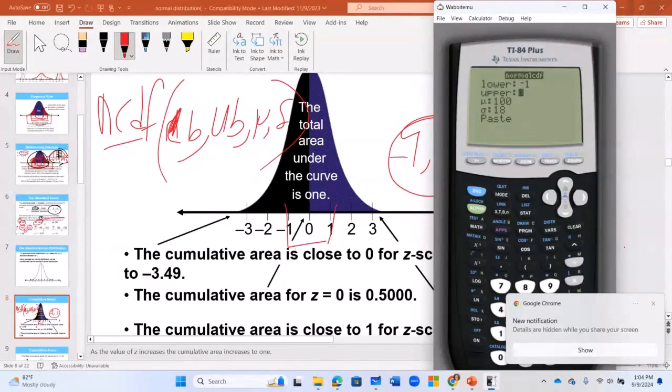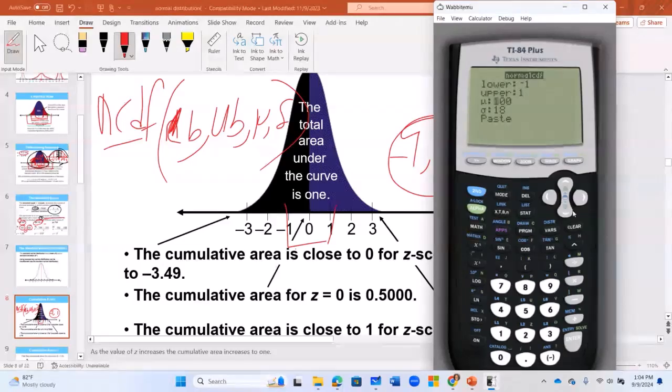Upper bound is 1. The mean is standardized. Therefore, mean of a standardized normal is 0. The standard deviation of a standardized normal is 1. Because you're moving up and down, one standard deviation above or one standard deviation below. I hope this is clear.